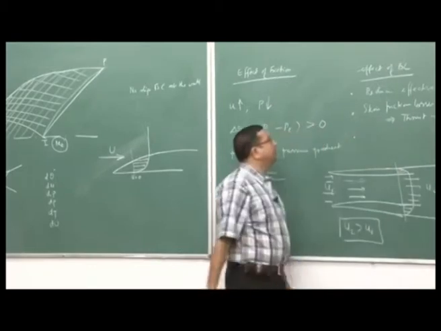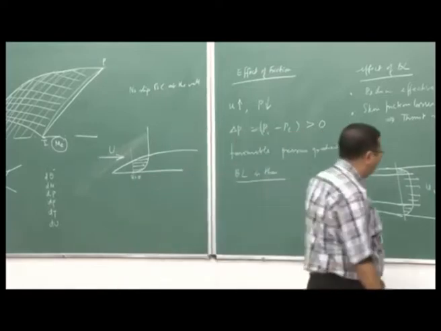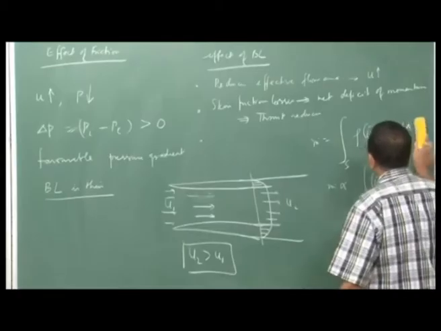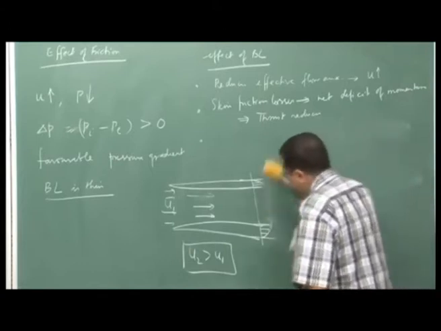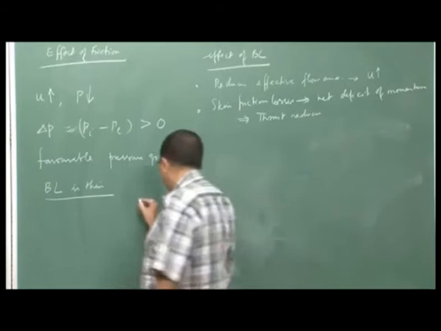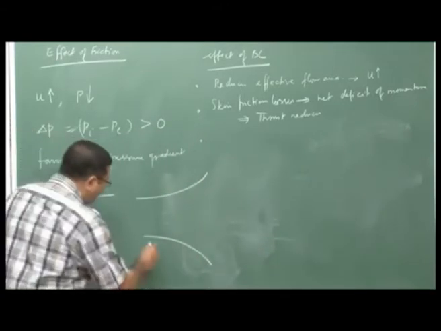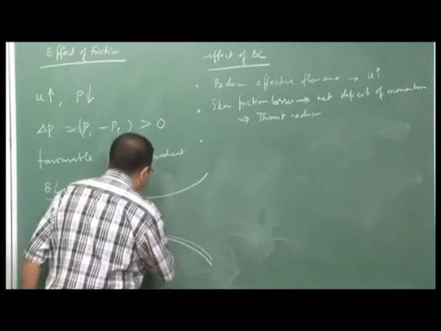Third, one of the most difficult or complex conditions in rockets, particularly rocket nozzles, is, now let us understand what is happening. We have a nozzle designed like this. We have a boundary layer coming here, let us say.